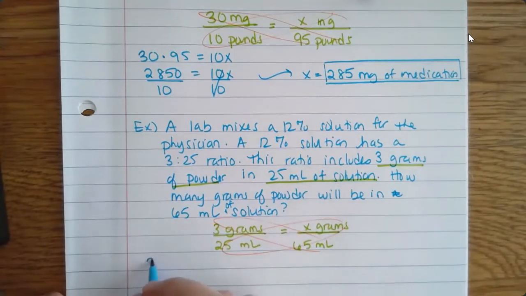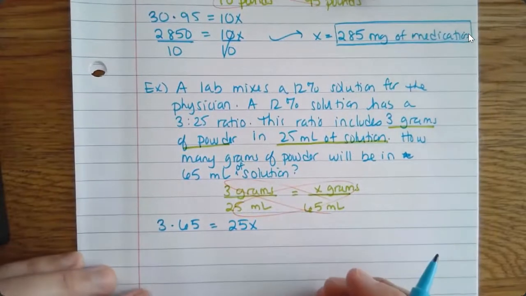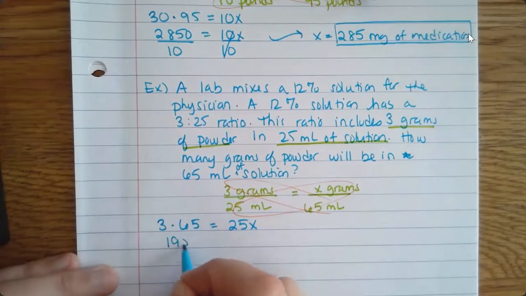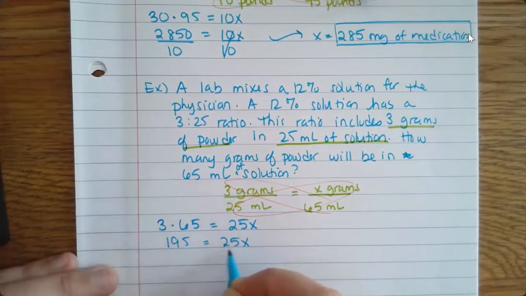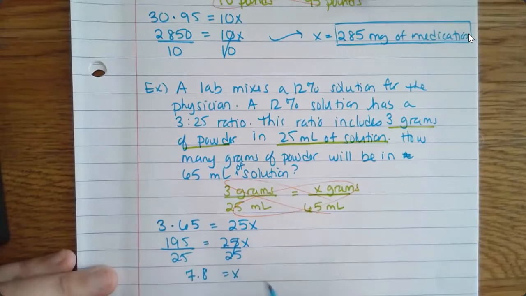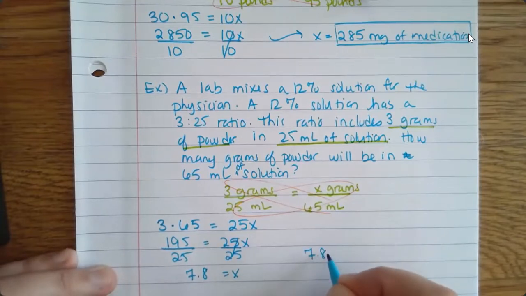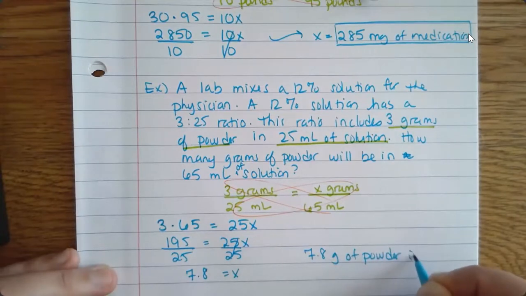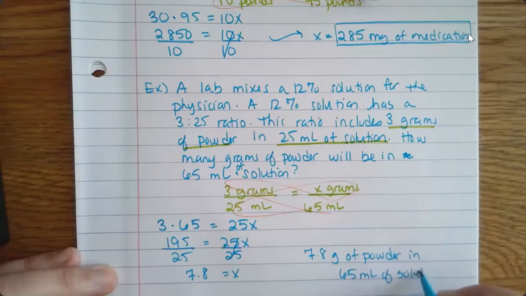So we have 3 times 65 equals 25x. And 3 times 65 is going to give us 195. I divide both sides by 25, and I have x equals 7.8. So remember, this was grams, so 7.8 grams of powder in 65 milliliters of solution.